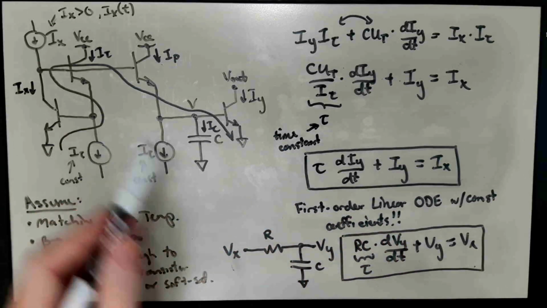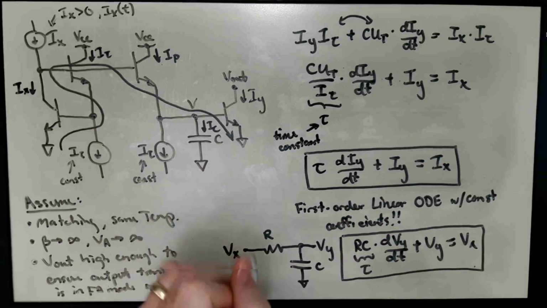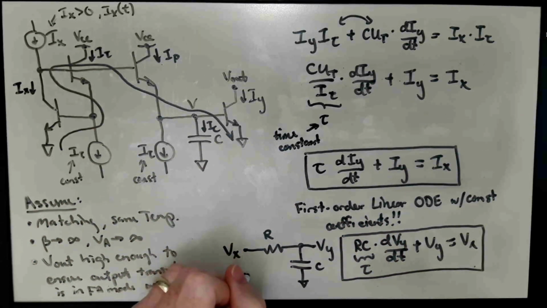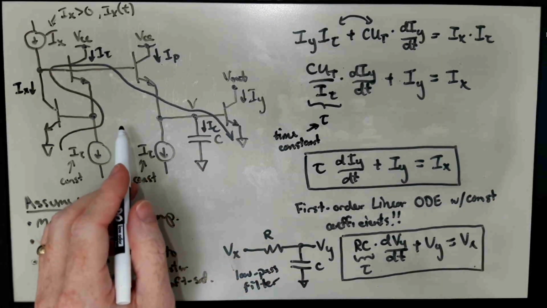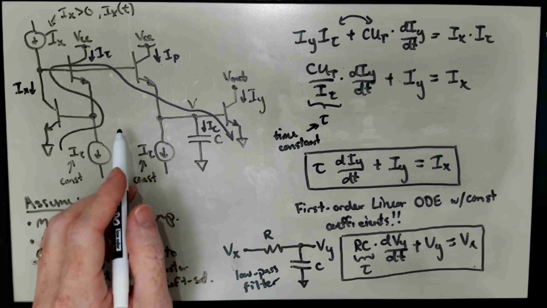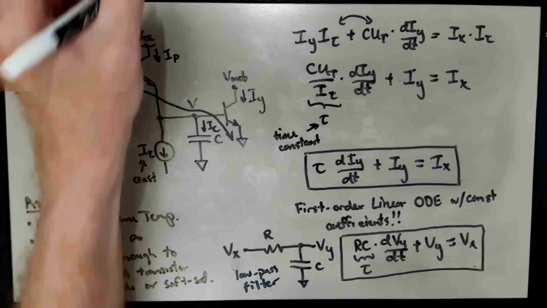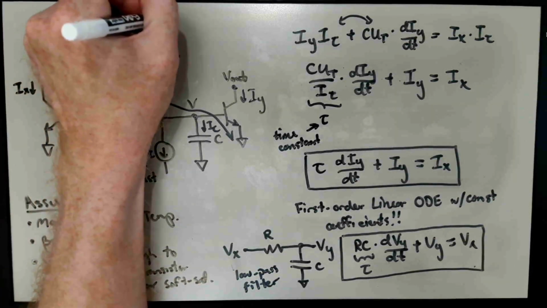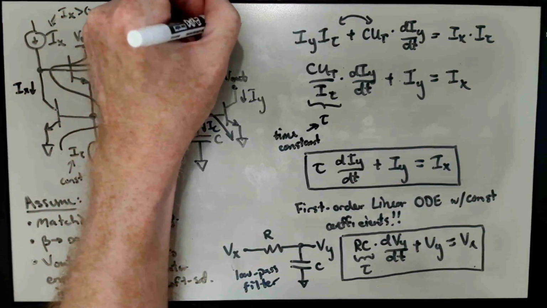So these two systems are governed by the same equation. So this is a first-order low-pass filter. So then this is also a first-order low-pass filter. This is called a log domain filter.